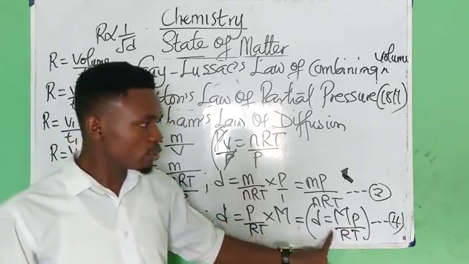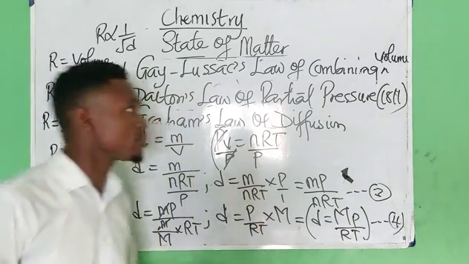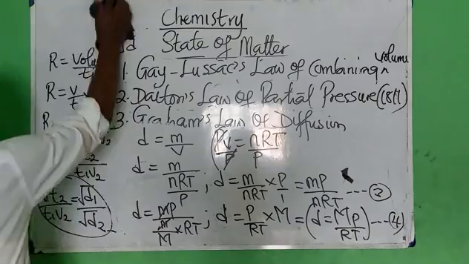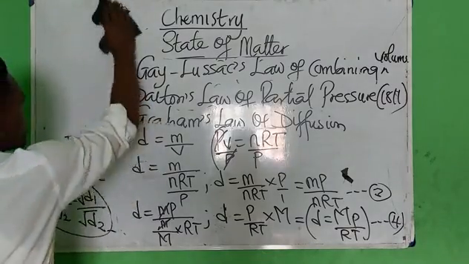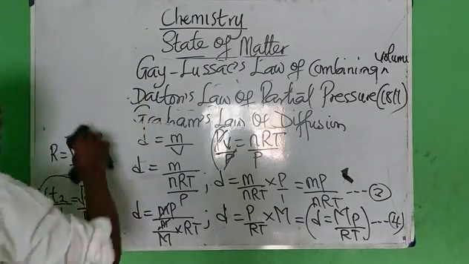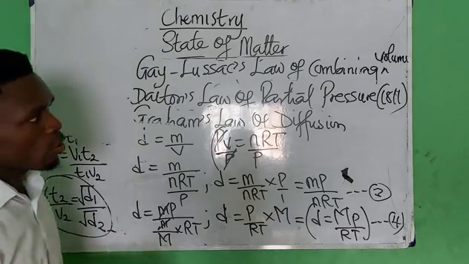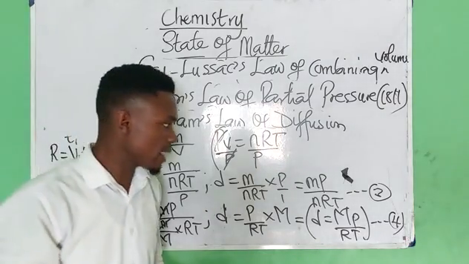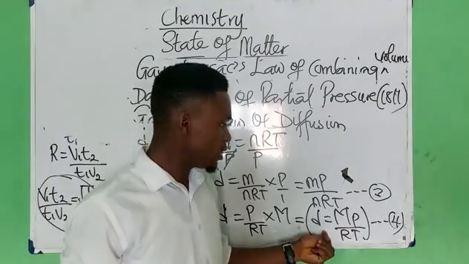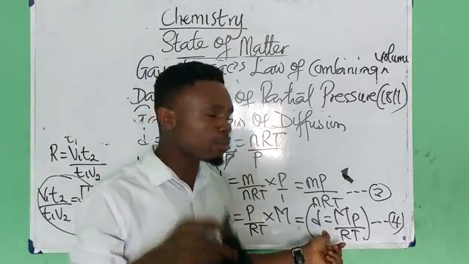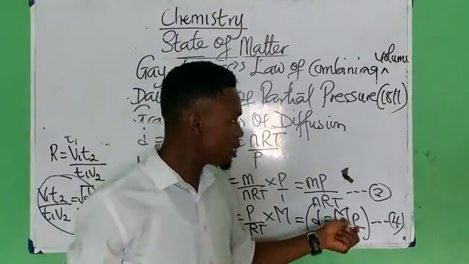Now from this equation you've gotten, how would you now interpret Graham's law of diffusion? I can interpret it by saying that the density is directly proportional to the molecular mass.